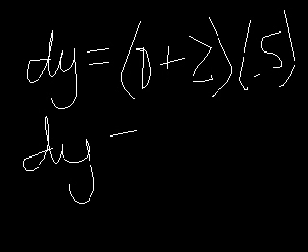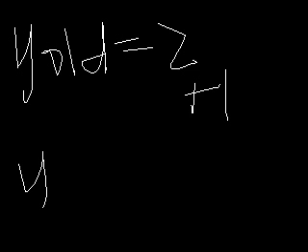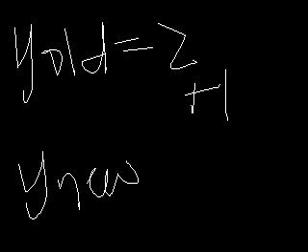So dy equals 1. That's your change in y, and that means that whatever that number is, you have to add it to your old value of y for the new one. So because your y old was 2, but since you have a dy of 1, you add 1 to it, so your y new equals 3.